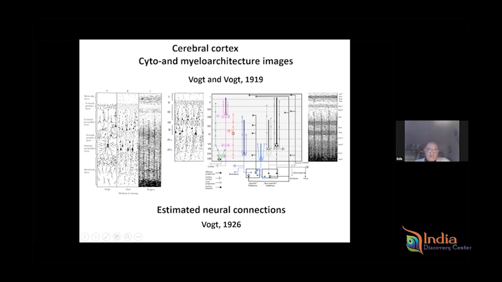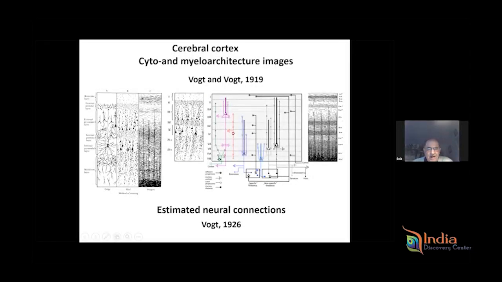With the simple stain, the Nissl or hematoxylin stain, the cerebral cortex shows a laminar, layered type of structure, six layers in the cerebral cortex.